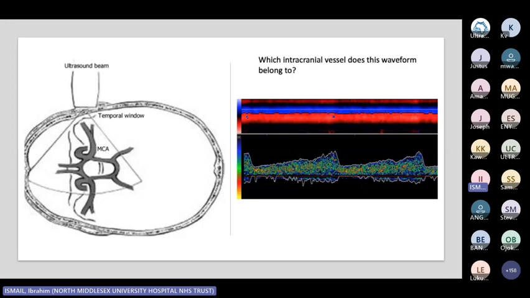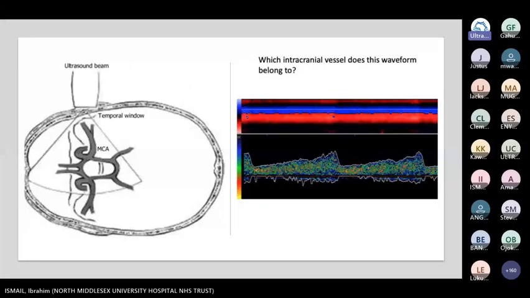Let's see who has attention to detail. That's the key. Attention to detail. It's the posterior cerebral artery, and none of them think it's the terminal internal carotid. Can you say that again? So you said how much for the MCA? 70%.